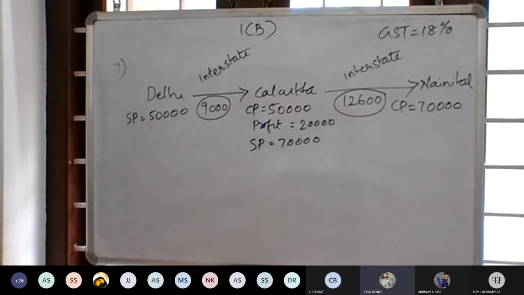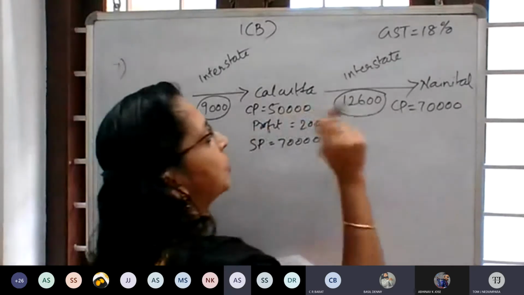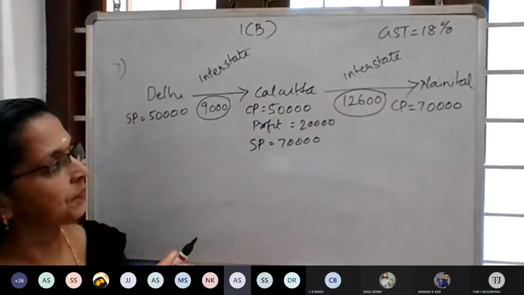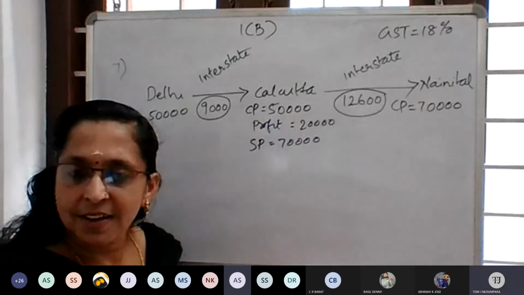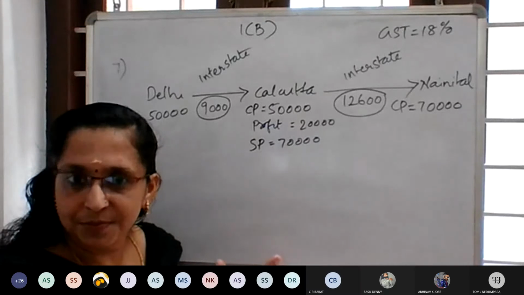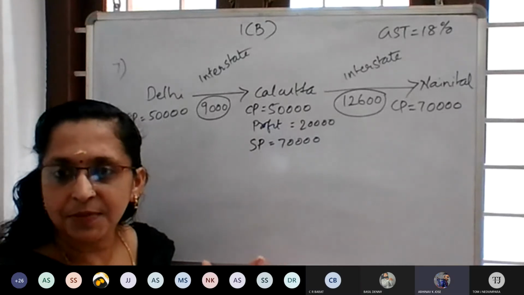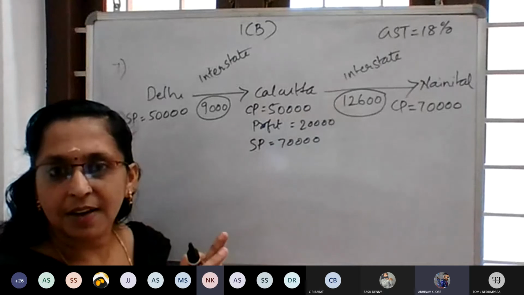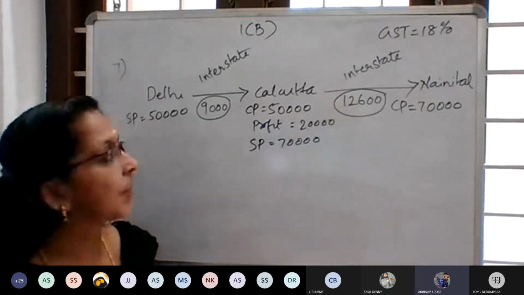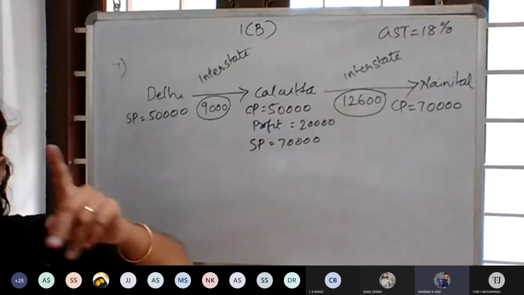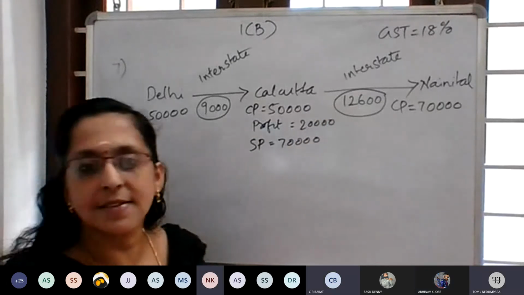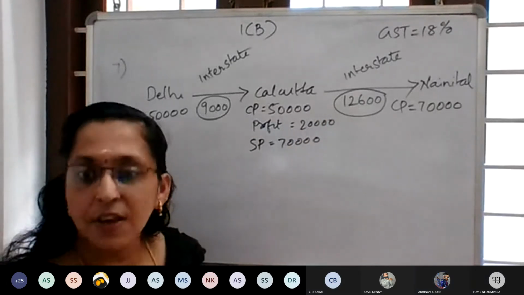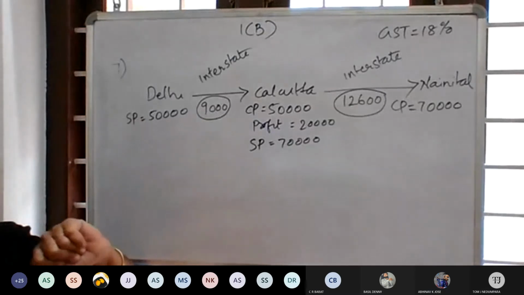Calcutta: 12,600 minus 9,000. Nainital: zero only, end user.